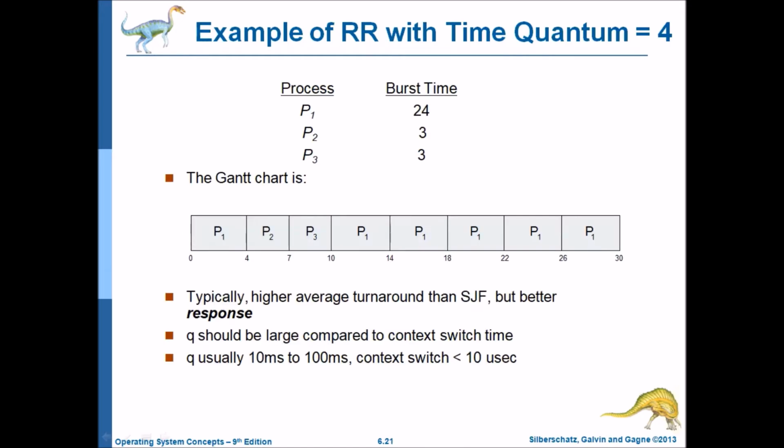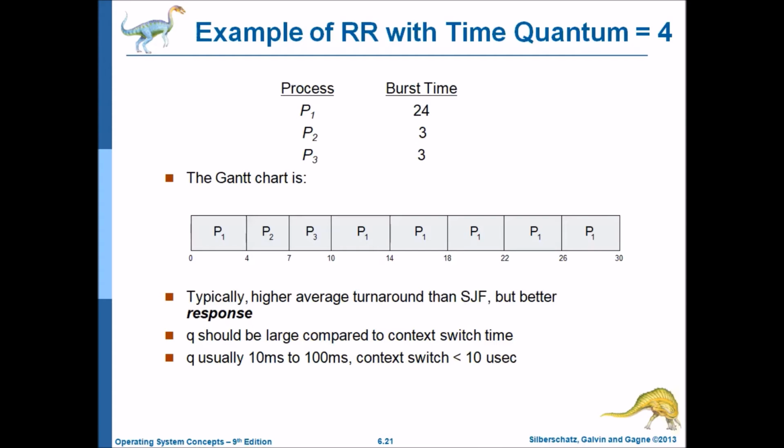The performance of the round-robin algorithm is sensitive to the time quantum selected. The time quantum should be large compared to the context switching time.